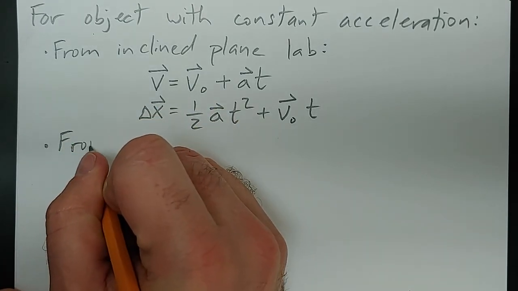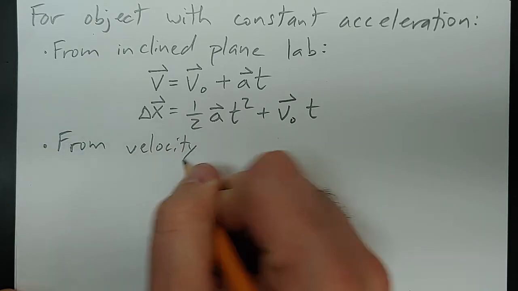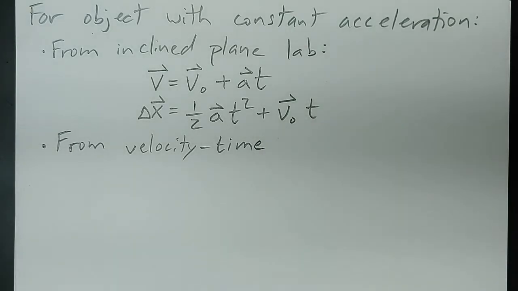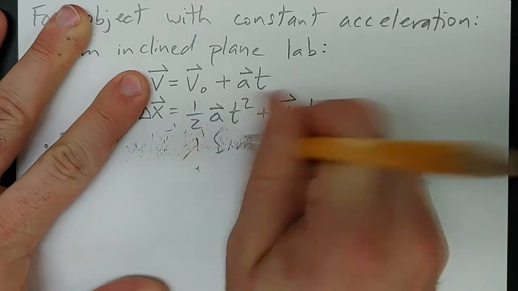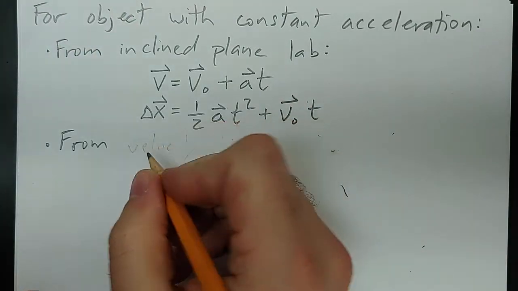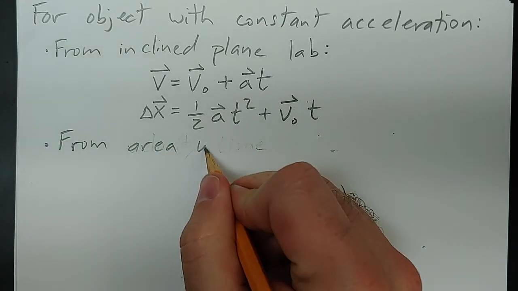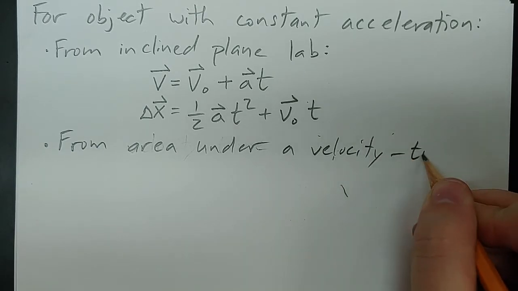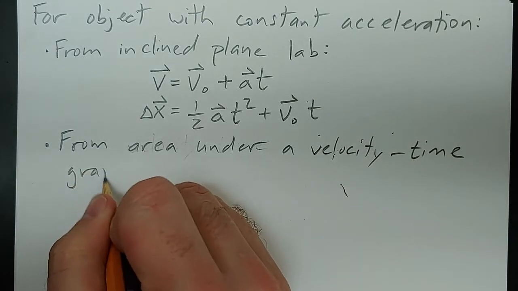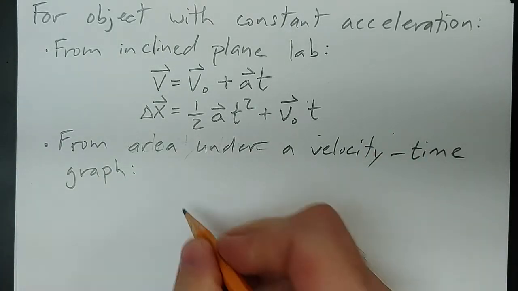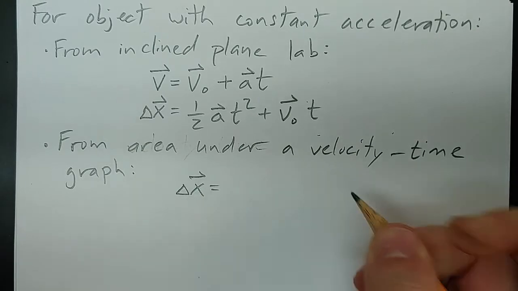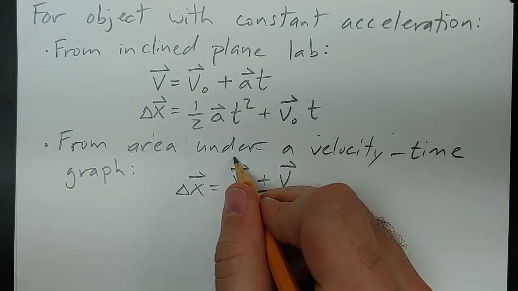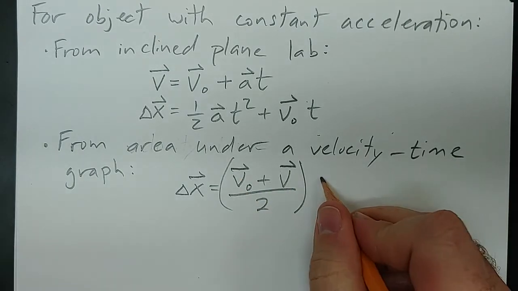And we figured out from our velocity time graphs, from the area under a velocity time graph, the general relationship that the displacement should be equal to the initial velocity plus the final velocity divided by 2, where you can think of that as the average of the velocities, times the time.